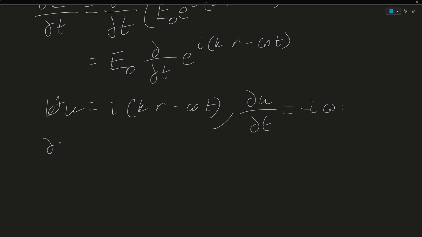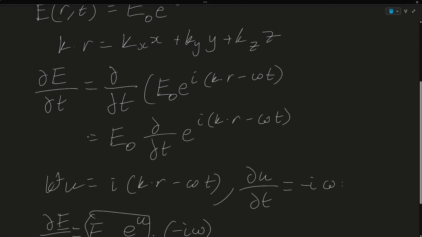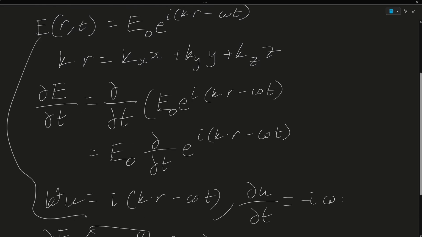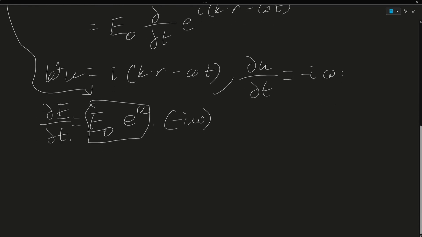So now we can say that the partial derivative of the electric field is E0 e to the u times minus i omega, which is e to the u times E0, that's just our definition of the electric plane wave solution.